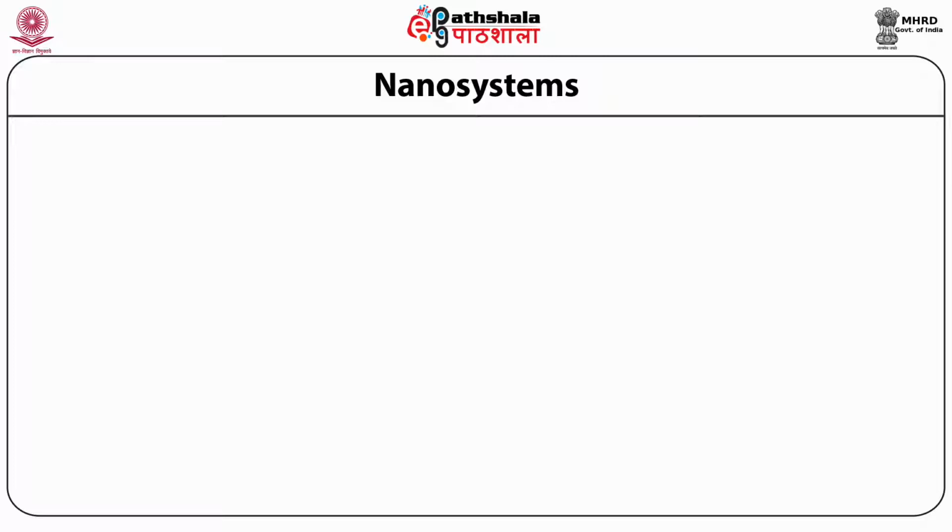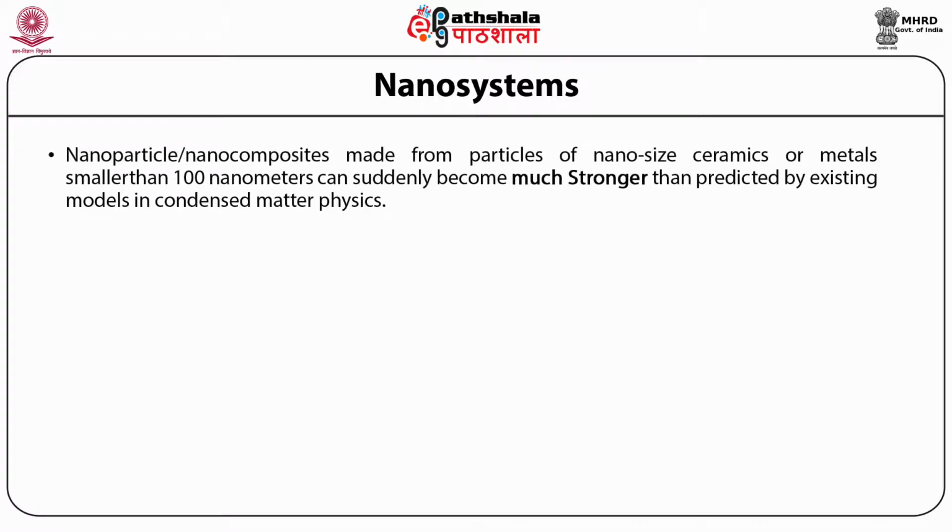Now continuing our discussion over nanosystems, nanoparticles or nanocomposites made from particles of nano-size ceramics or metals smaller than 100 nanometers can suddenly become much, much stronger than predicted by existing models in condensed matter physics.